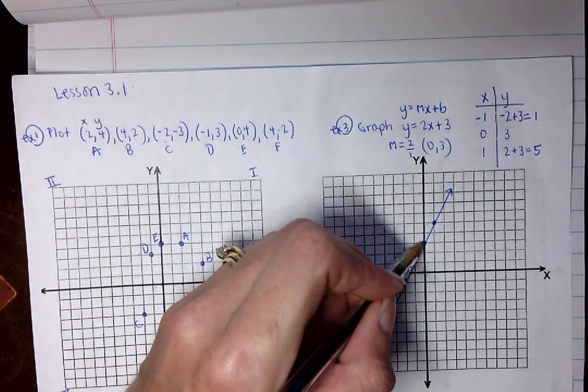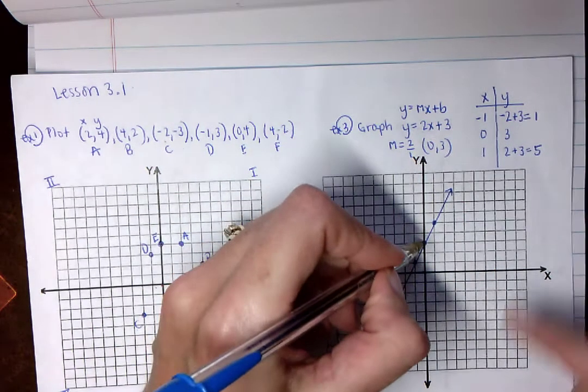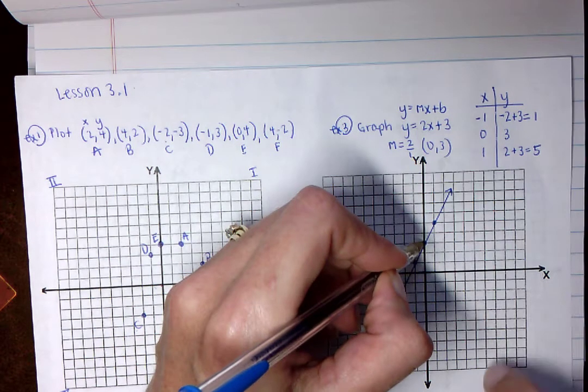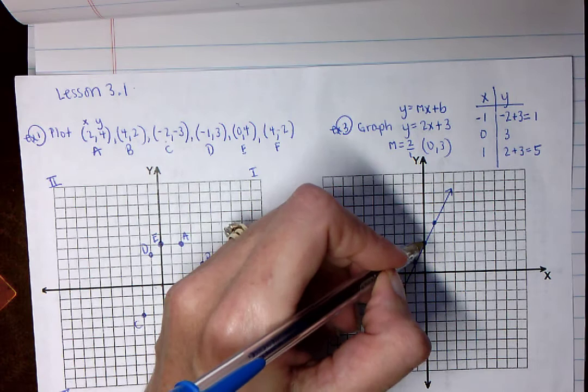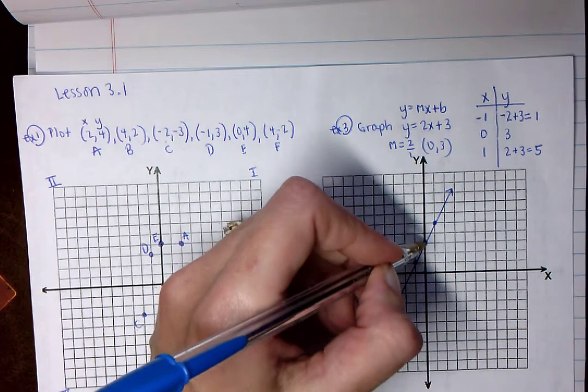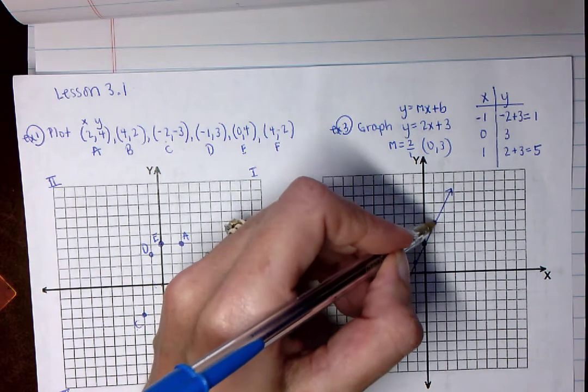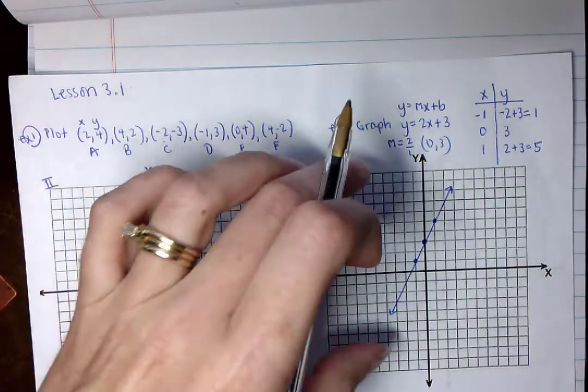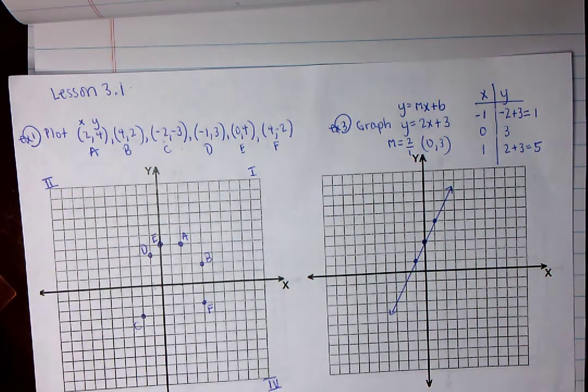So after we've plotted the y-intercept, we then can go up 2 and right 1. And we'll cover this in the next lesson, but you would go up 2 and right 1 and plot your point, okay? So that's another way to graph, but for this particular lesson, they're wanting you to find 3 points at least.